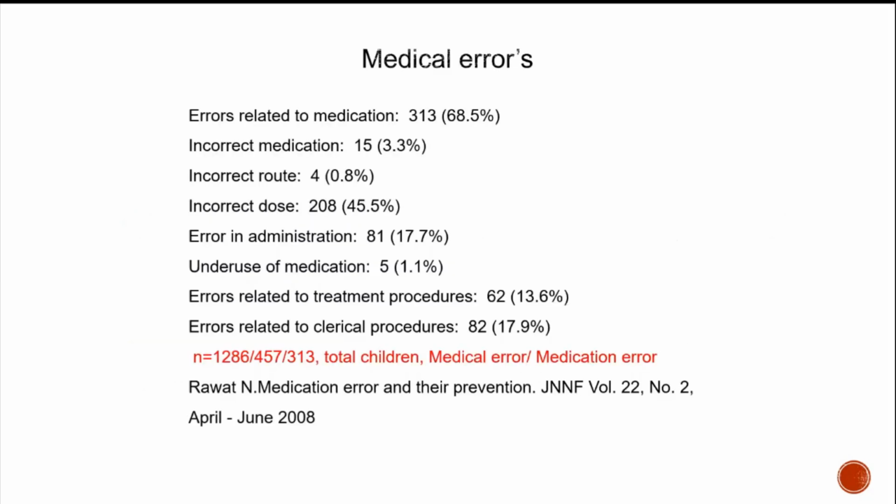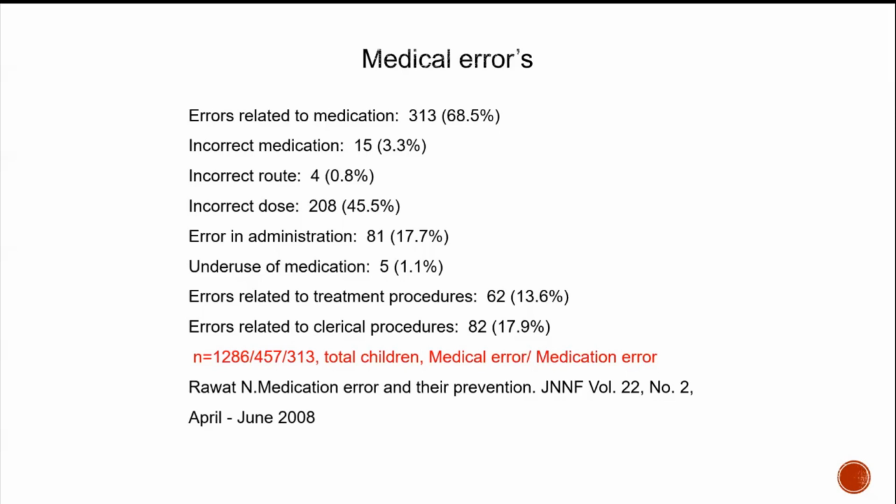So this is one of the studies in 2008, although it is old, but it still holds true. This shows that there are errors related to medication, which was seen in 313 cases, whereas incorrect medication was in 15, incorrect use was in 4, incorrect doses in 208, error in administration in 81, and underuse of medication in 5.